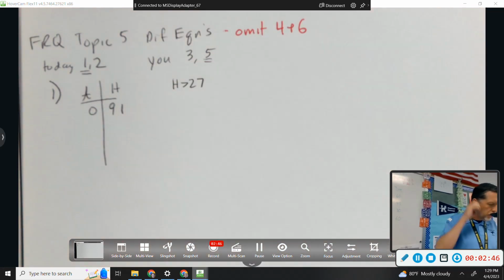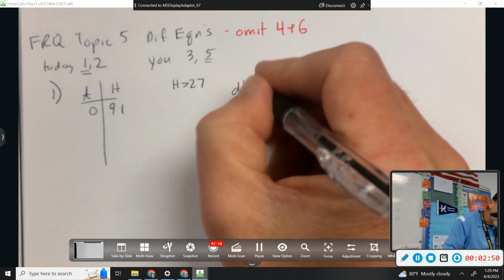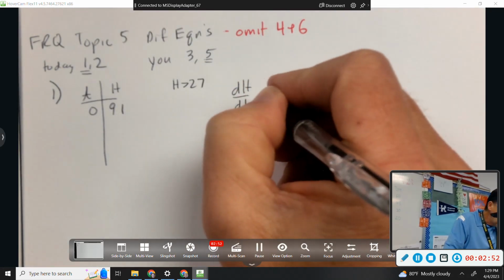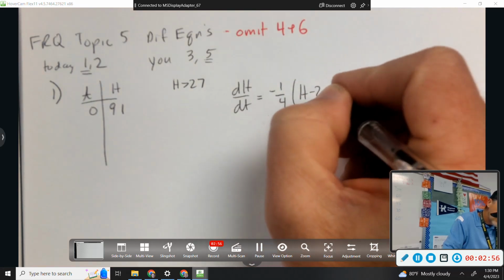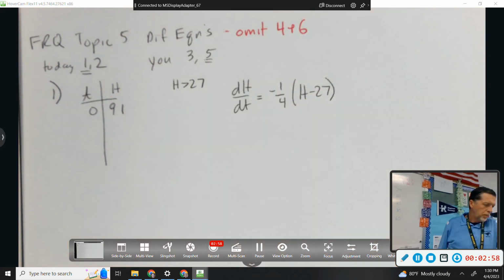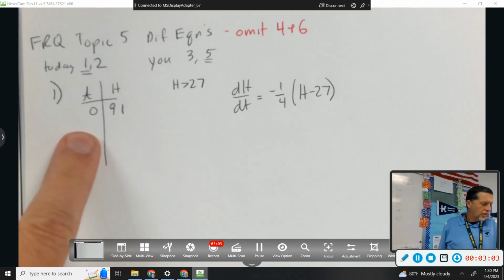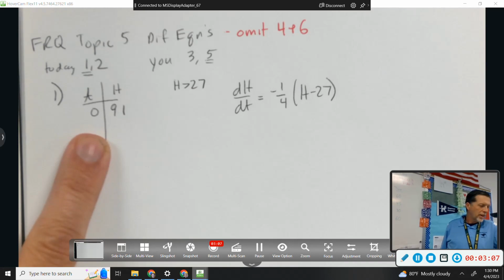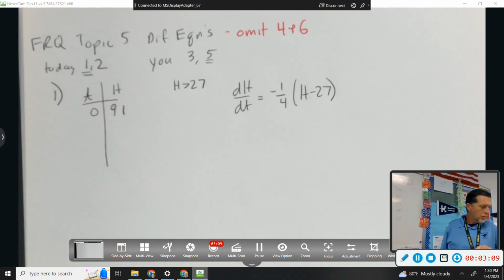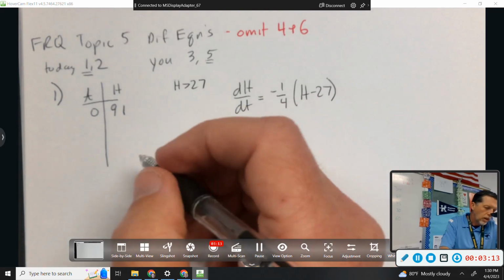The internal temperature of the potato can be modeled by this differential equation: dH/dt equals negative 1/4 times (H minus 27), where H is in degrees. And they re-emphasize for us that H of 0 is 91. They gave us that twice. Must be important, like a teacher saying something twice right before a test.